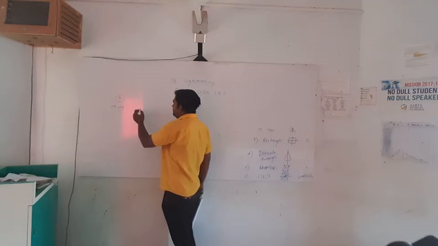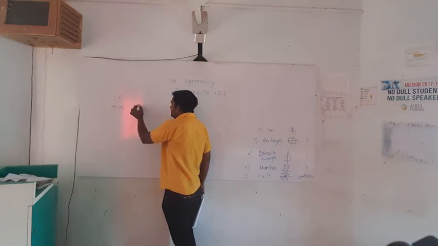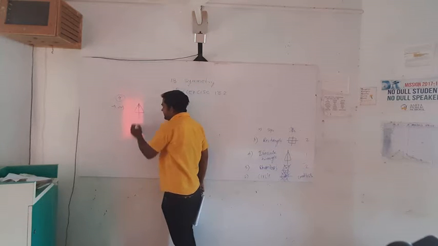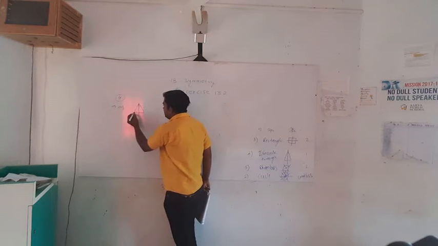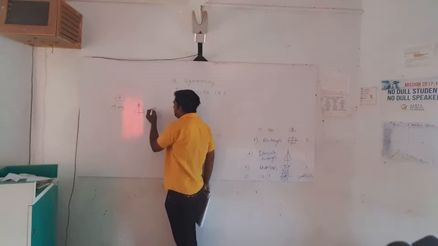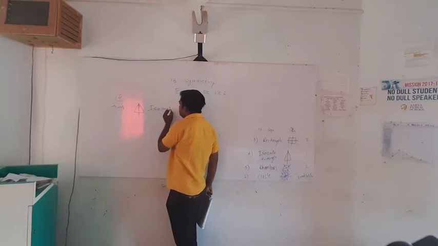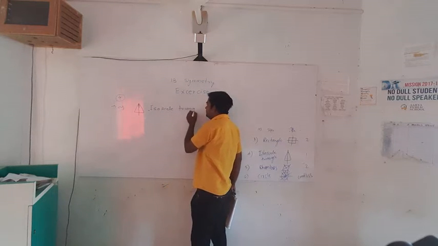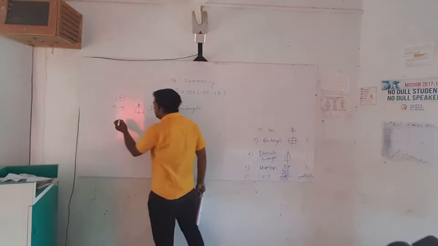So which triangle is it? We know that one line of symmetry is an isosceles triangle. Yes, we have seen many examples. An isosceles triangle has only one line of symmetry. You can write it, isosceles triangle. So this is the answer.